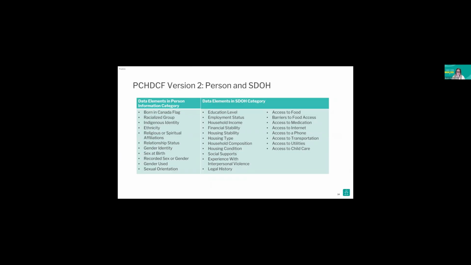And in the ESTO category, the content is oriented towards the social and structural factors that affect health and well-being, including areas such as education, housing, social supports, and legal history, as well as access-related elements like food, transportation, and childcare. Together, these categories create a more complete picture by combining person-level sociodemographic information with data about the social risks and needs that may shape health outcomes and care experiences.